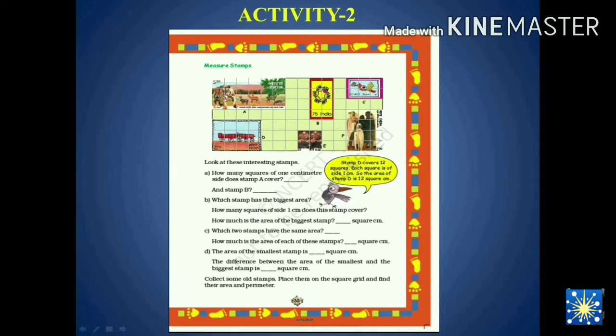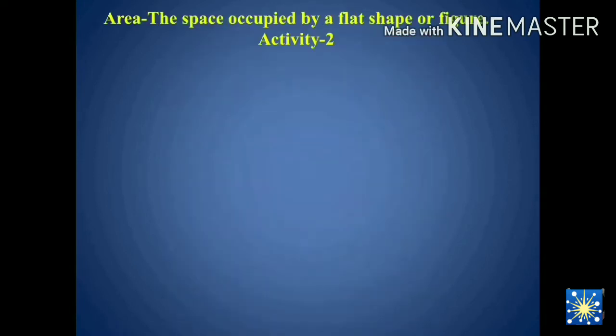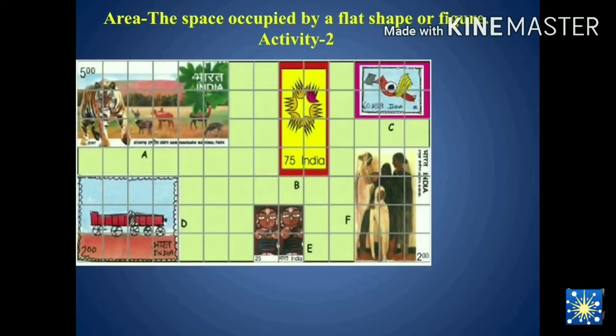Let's find the area. First we should know what area is: the space occupied by a flat shape or figure. So this is an activity which is given in your book.